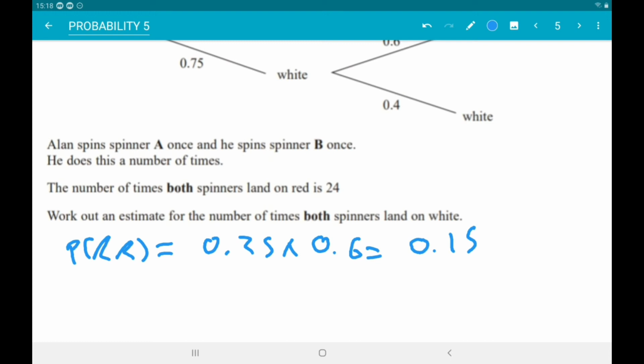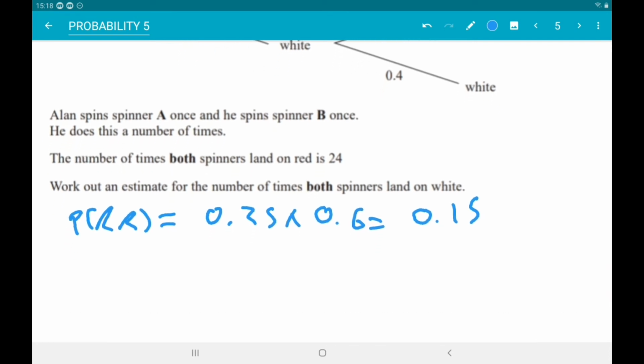So that would tell us only as an estimate, because probability is not a rule. So as an estimate, that tells us 15% of the spins have resulted in both landing on red.